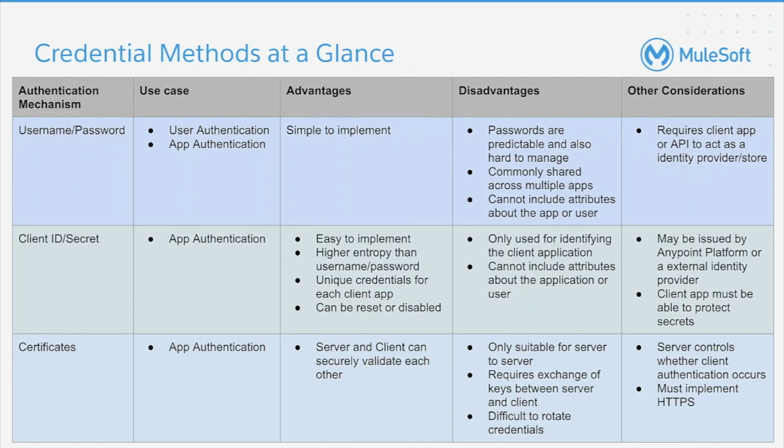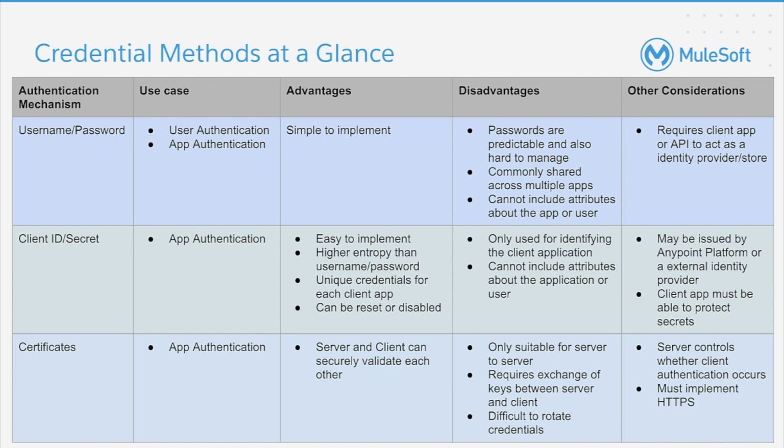Let's quickly review the mechanisms and some of the pros and cons to consider. Let's first take a look at the credential methods. The first is username and password. And while this is the easiest to implement and supports user authentication and app authentication, it has several disadvantages, specifically that passwords are predictable and they're hard to manage when they need to be rotated.